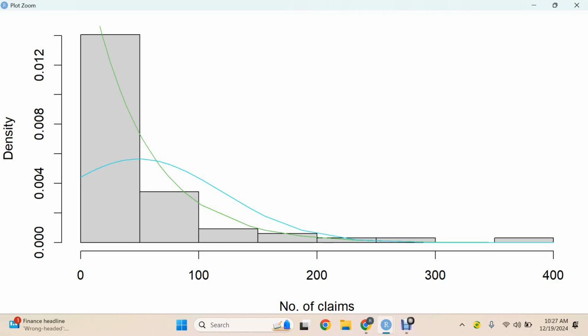And remember, in the normal, I used the maximum likelihood. I could have also used the method of moments. There we will see some slight changes because the variance estimators are different. The numerator differs by 1.